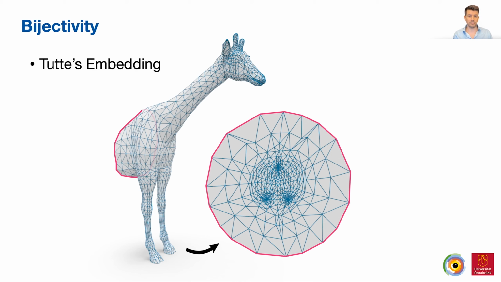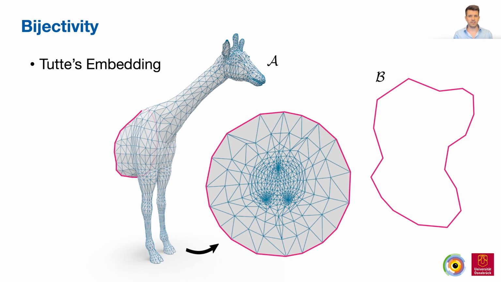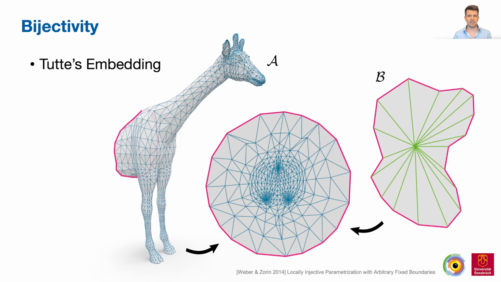Both restrictions can be lifted, however. We can map a surface A onto an intermediate convex planar domain and the actually desired non-convex domain B onto this intermediate domain as well. To this end, we can triangulate it and then use the same Tutte embedding technique.